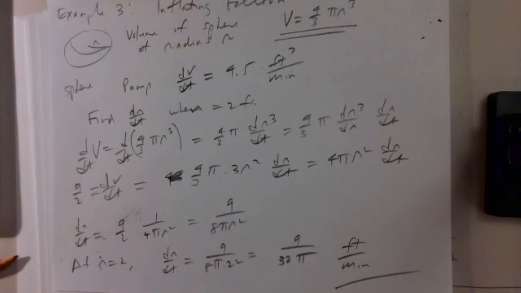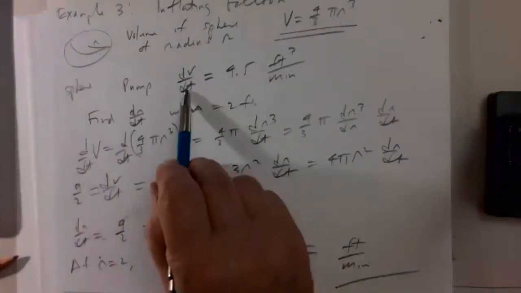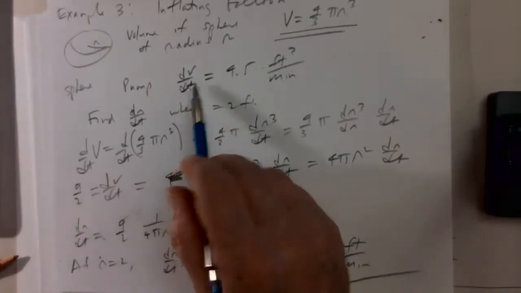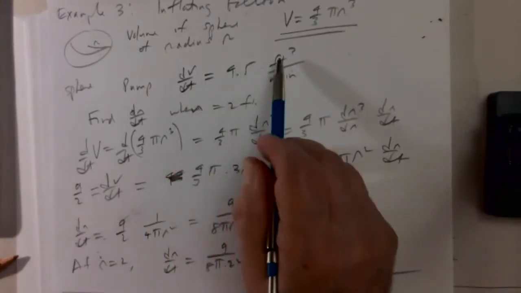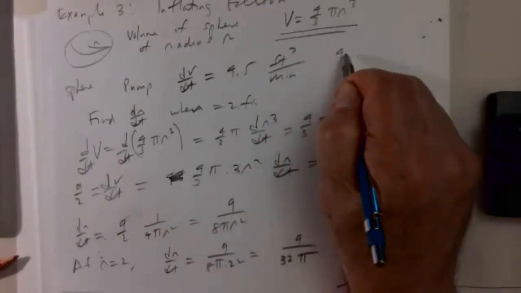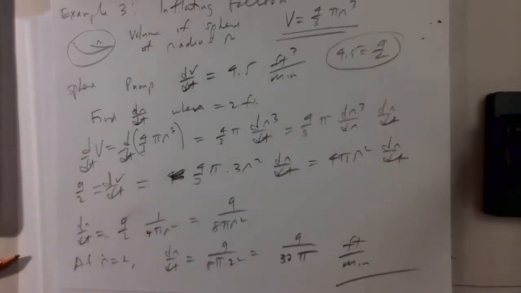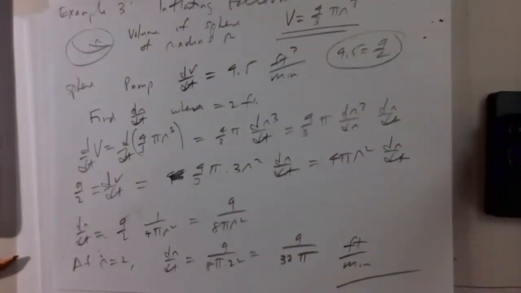Questions about this? Where did the 9 come from? Well, we're told that dV/dt, the rate that the pump is pumping in air, is 4.5 cubic feet per minute. 4.5 is just 9/2. I just preferred working with fractions.